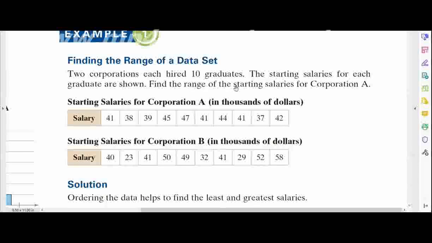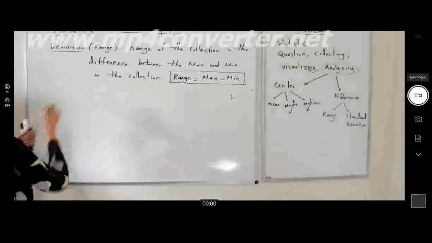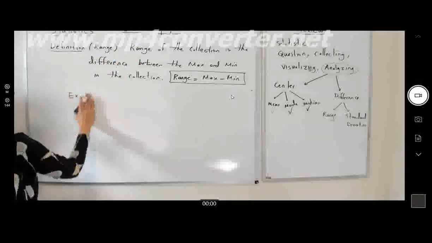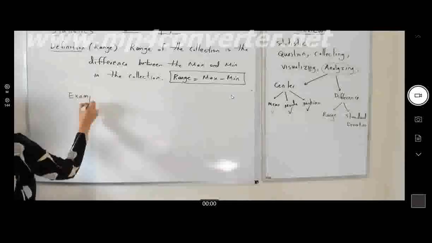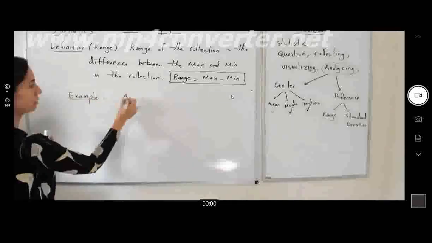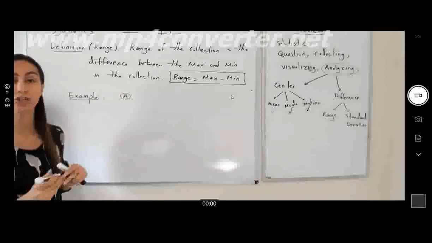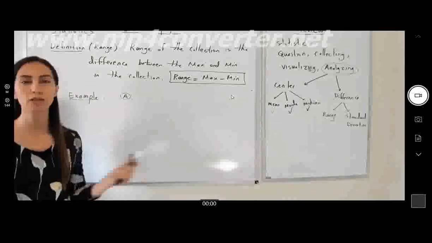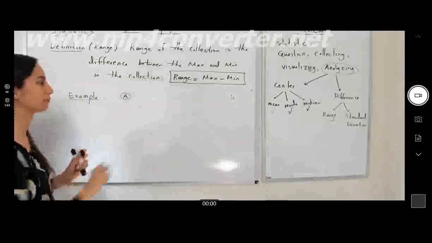Find the range of the starting salaries for corporation A. So first you need to find the maximum value, then the minimum value, do the subtraction, and that's it.